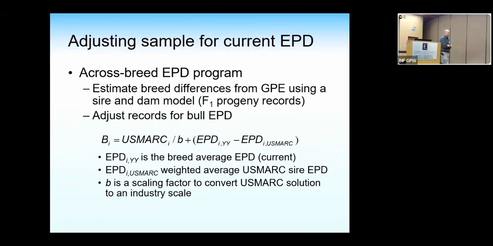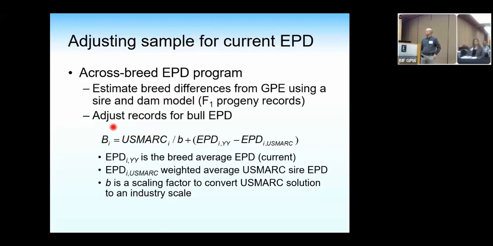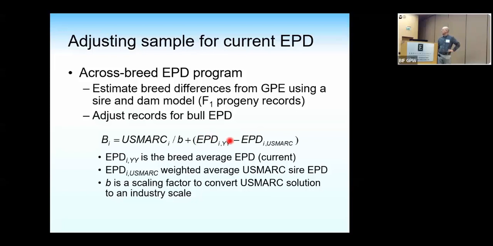Just a little background. So this goes into trying to look at multi-breed evaluation, and I've talked a little bit about our crossbreed EPD system that we've had for years since the early 90s, with some work with Dave Notter and Larry Cundiff developing this originally. And basically, we figure out a breed difference by adjusting our solutions from a mixed model at the Meat Animal Research Center and adjusting it for the EPDs that we sampled relative to what the mean of the EPDs are.